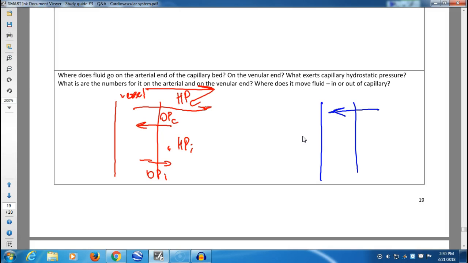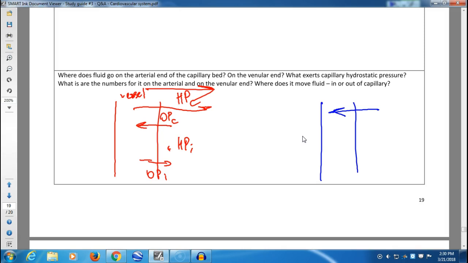If you increase blood pressure, what's going to happen? Which of these four pressures will go up? Hydrostatic capillary. Specify which one. Hydrostatic capillary. What are you going to have as the result of it? Fluid will accumulate in the tissues.